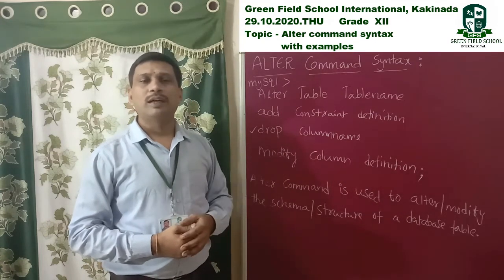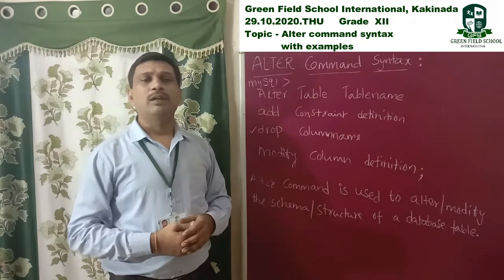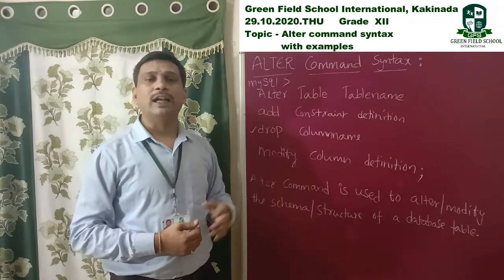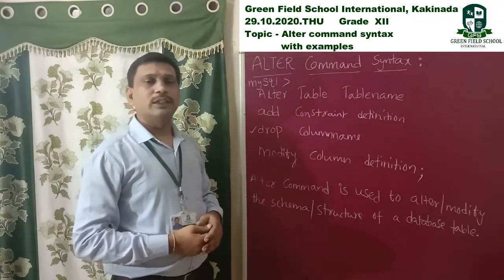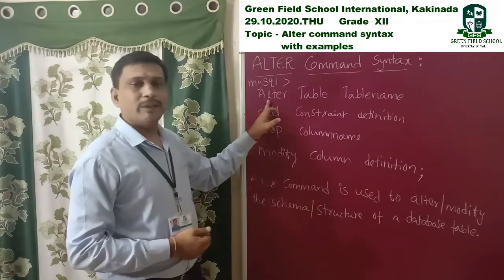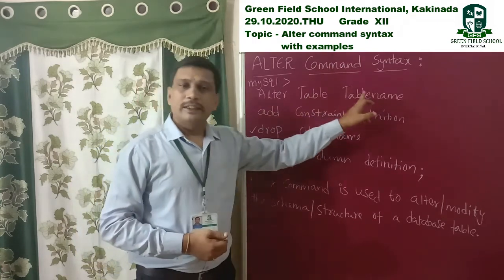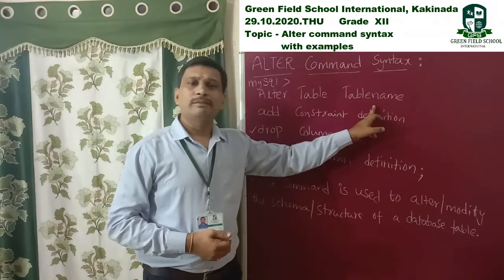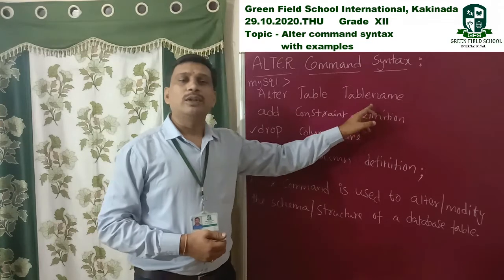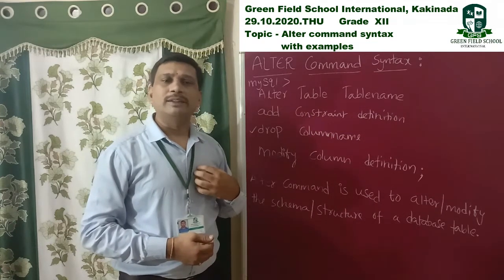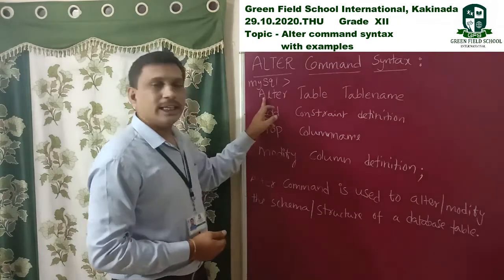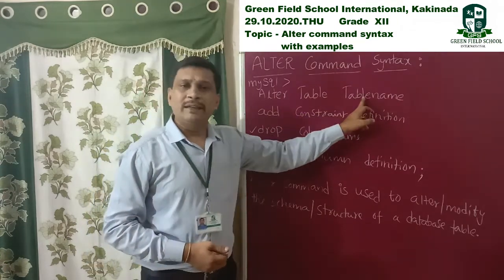We remove one particular column by using this command. How to remove or drop one particular specified column? Alter table, we specify here the table name. Suppose I want to remove the salary column from my table, that is the EMP table. Alter table EMP.